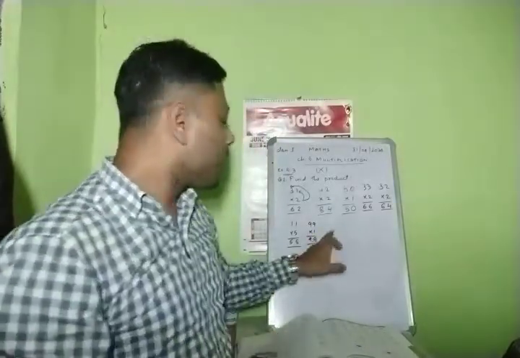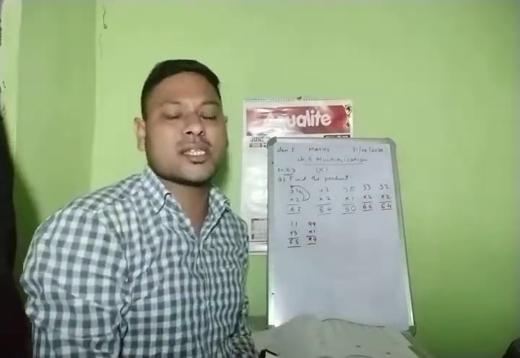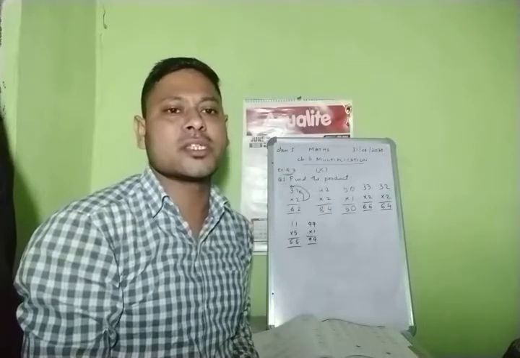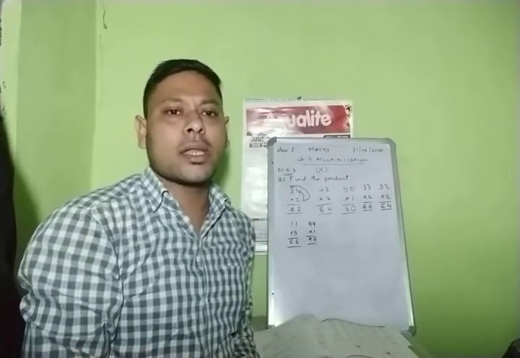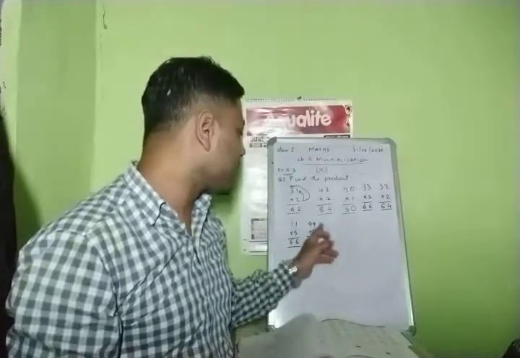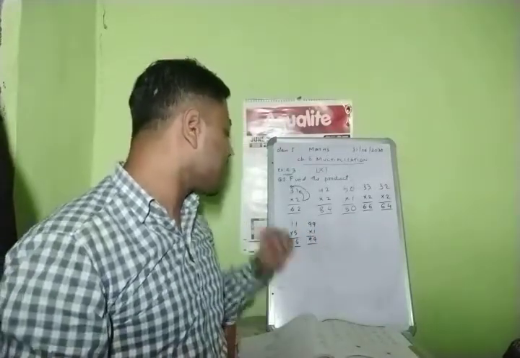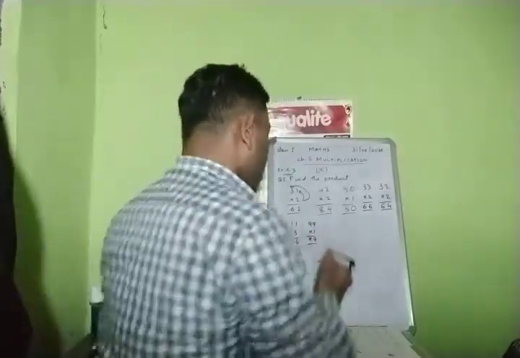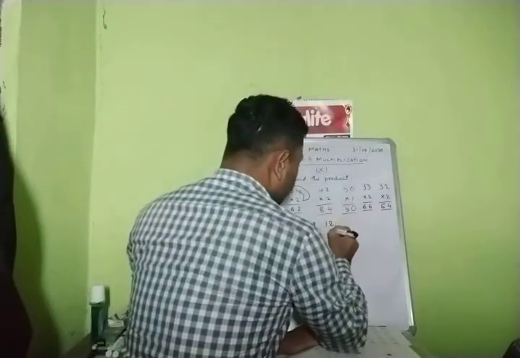Because we know that 1 1 is 1, 1 2 is 2, 1 3 is 3, 1 4 is 4, 1 5 is 5, 1 6 is 6, 1 7 is 7, 1 8 is 8, 1 9 is 9. So 1 9 is 9. Again 1 9 is 9. So over. Next, 12 into 2.